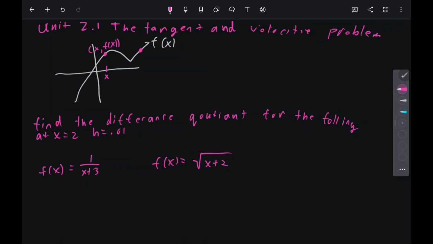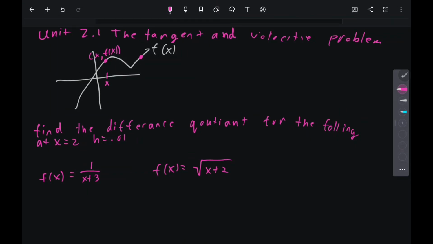It is really just f of x2 minus f of x all over x2 minus x. But what I wanted to suppose is, what if we call this point x plus h, f of x plus h.